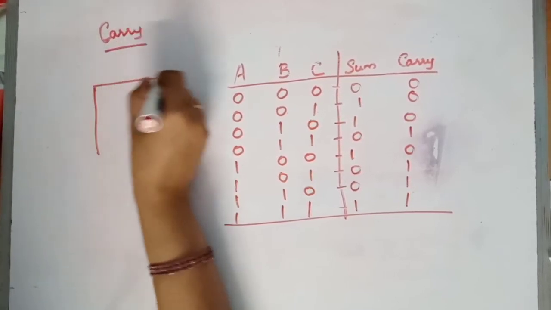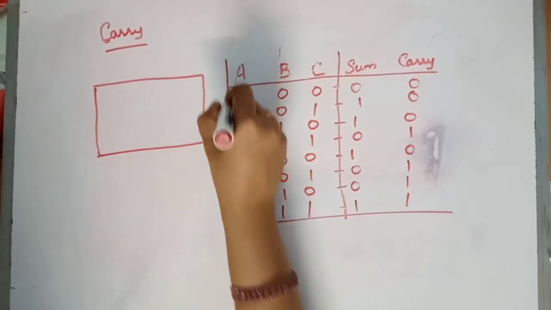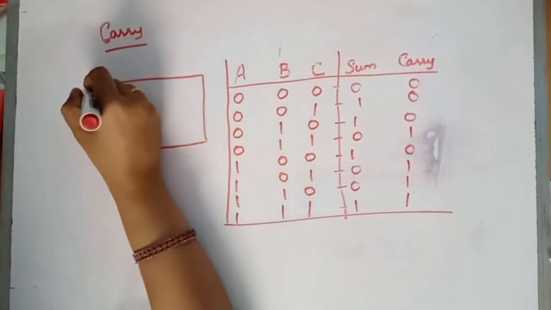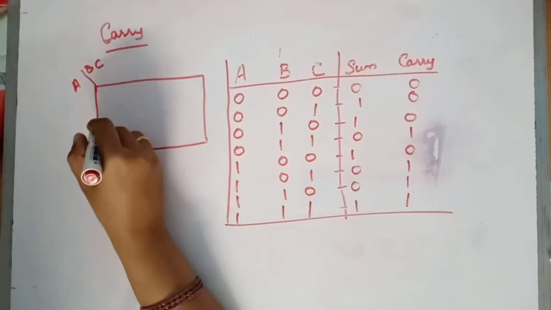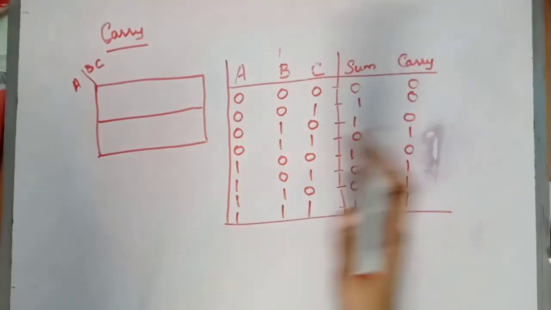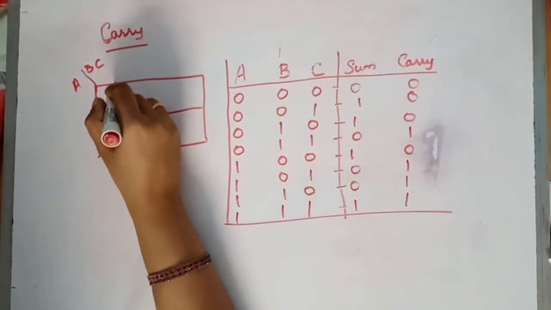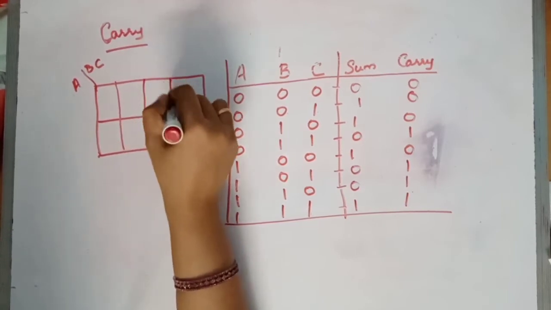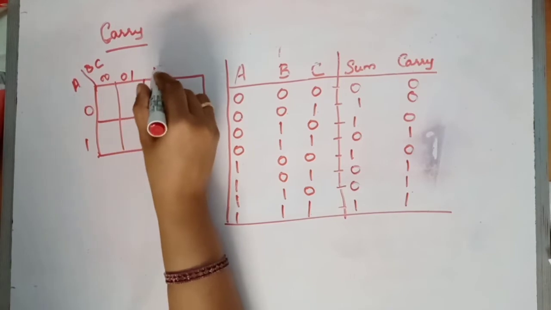So how many variable K map? Depends on how many inputs are there. So how many inputs? 3 inputs. So it's a 3 variable K map. You are reading it like this, ABC. So A is the MSB. 0, 1, 0, 0, 0, 1, 1, 1, 1, 0.